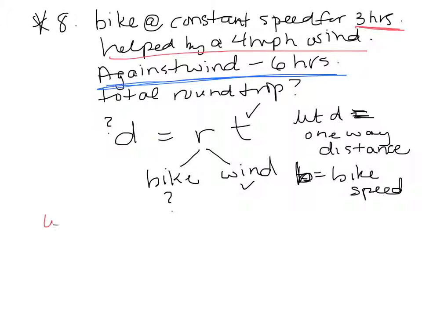So now with the wind, remember the wind is helping. The distance is equal to the rate of the bike plus the rate of the wind, which is 4 miles an hour, times the 3-hour time going with the wind.